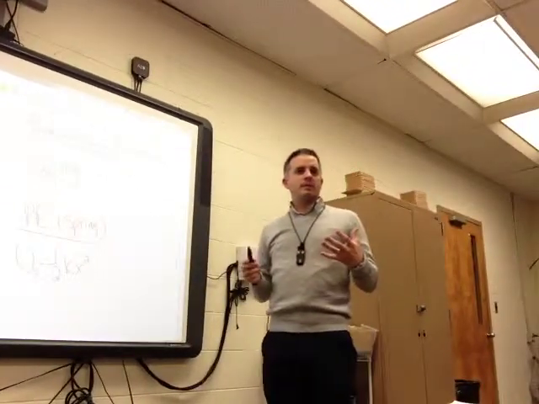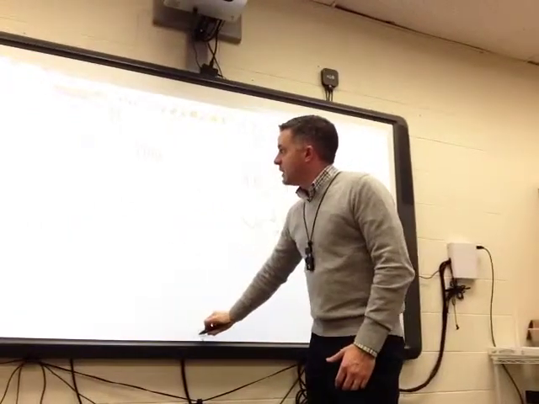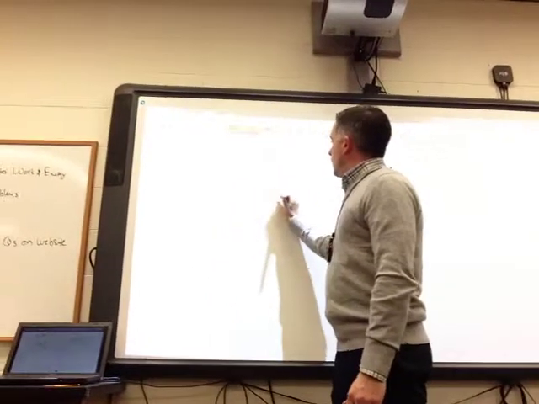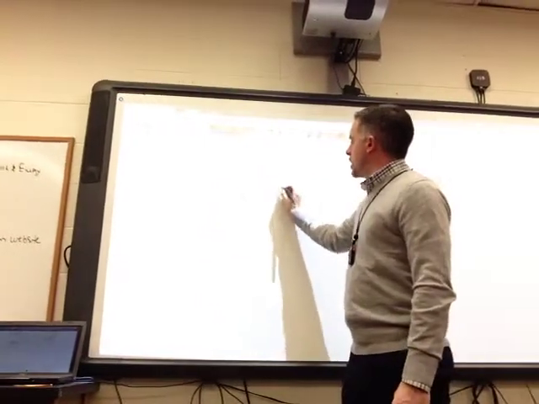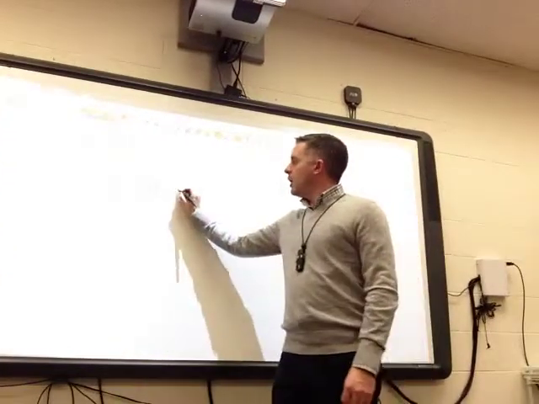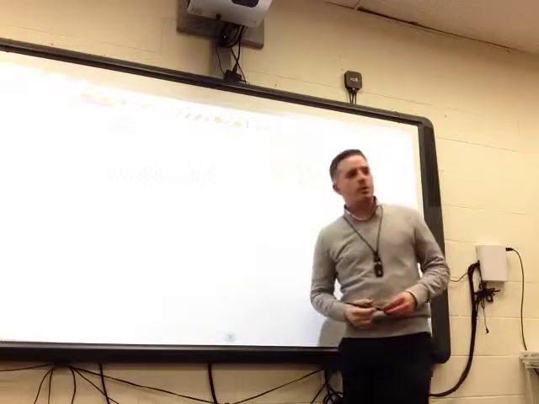So does that make sense? We're good so far? So what we can say then, because we have work, now if we look here, we have work is equal to the change in kinetic energy. Well, we also have work is equal to the change in potential energy.